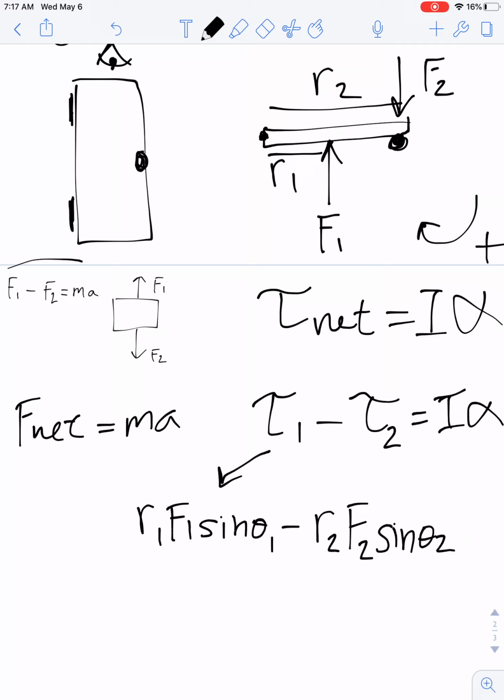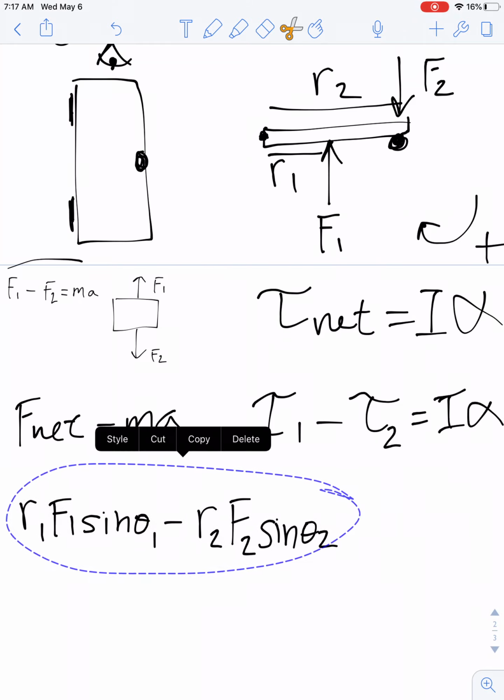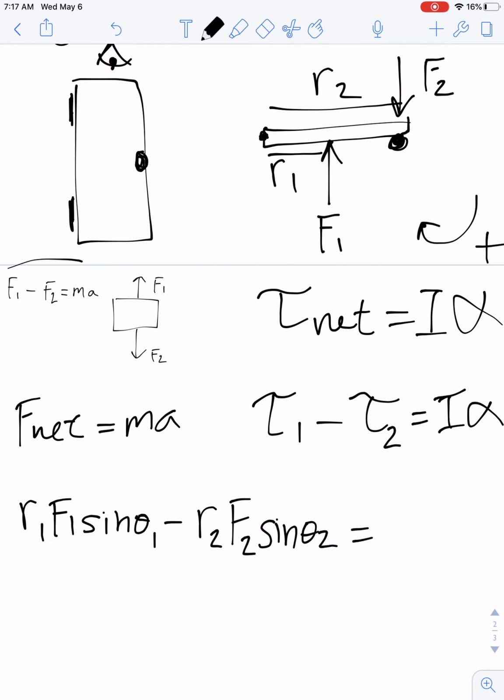And just to clean things up for a bit, we're going to move that around. There we go. And we know that's going to be equal to I alpha still. And so we've gotten more specific. We now know how to calculate both torques, and we can then go ahead and set that equal to I alpha.